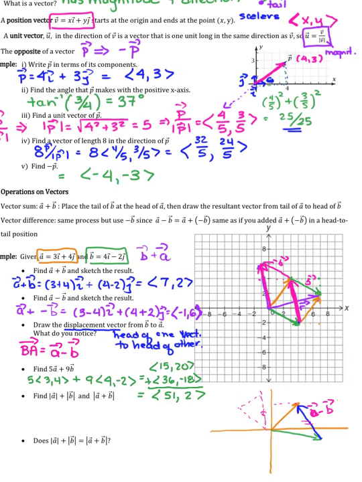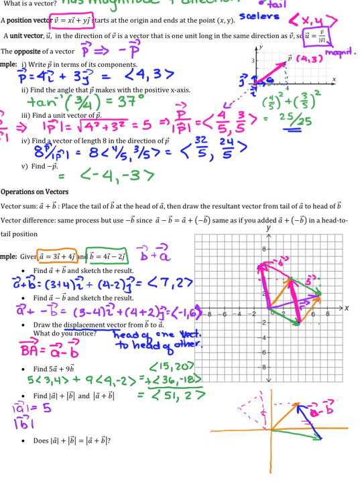Now, let's look at what's going on down here. Find the magnitude of A plus the magnitude of B, and then find the magnitude of their sum. So let's see how this works out. The magnitude of A, hopefully you realize that's again a 3, 4, 5 right triangle.